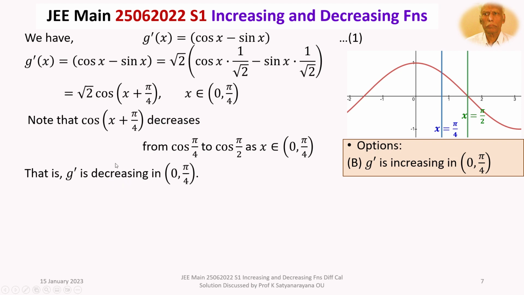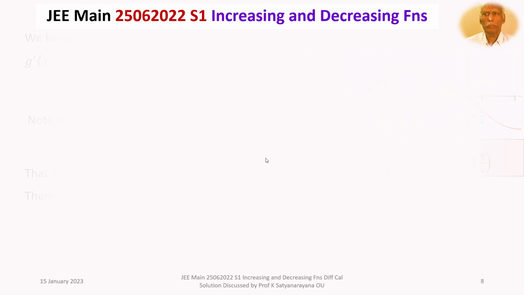This is the correct statement about g prime because we have derived it. Therefore, option B is not true. So we have ruled out option B. Now let's continue. In the next slide, we take g prime and integrate, we get g x, and we will decide about the increasing and decreasing nature of g x as required.